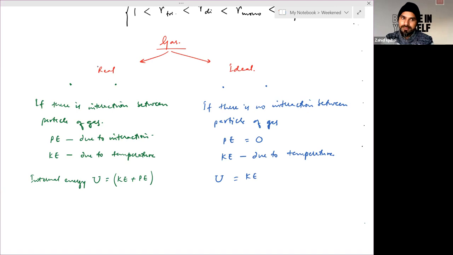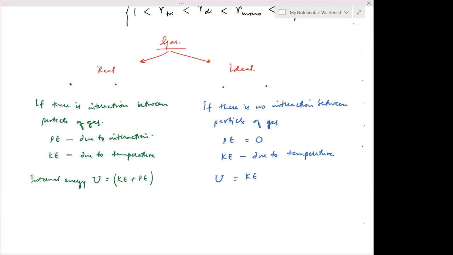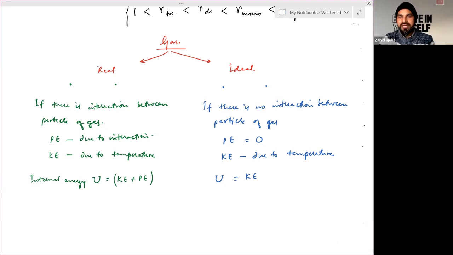Is it clear? Saifullah? Can you repeat? Okay. If you have to make a real gas behave ideally, there will be no interaction between particles, or least interaction between particles. How will you decrease the interaction between particles of a gas? By increasing their separation.